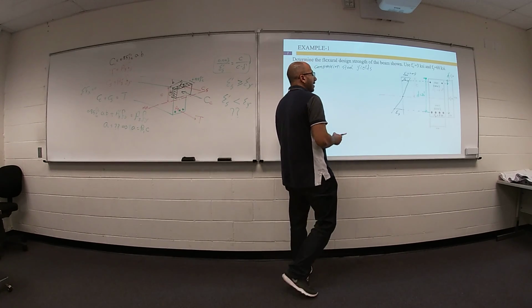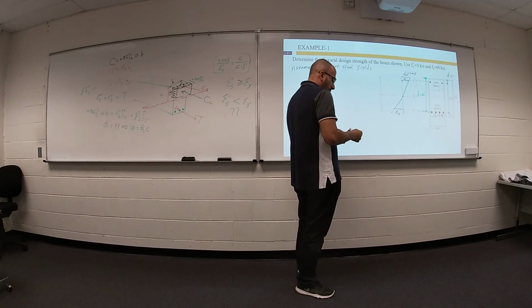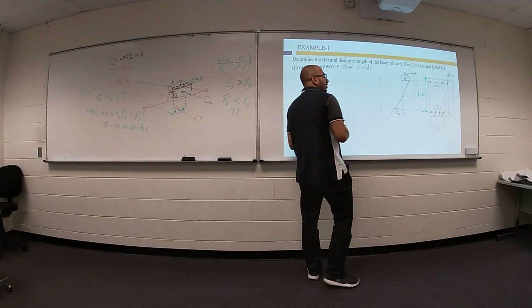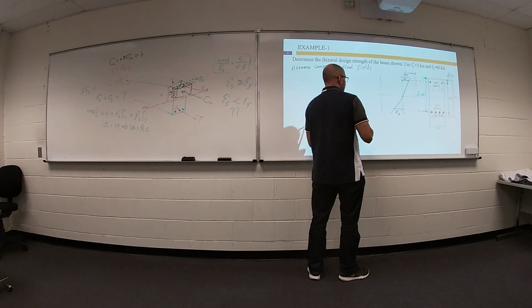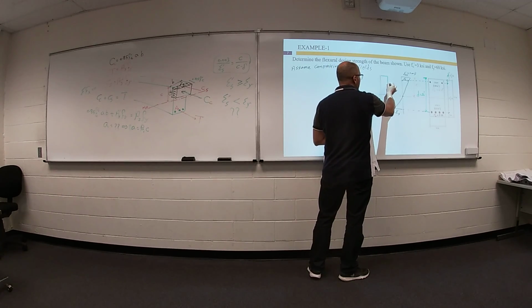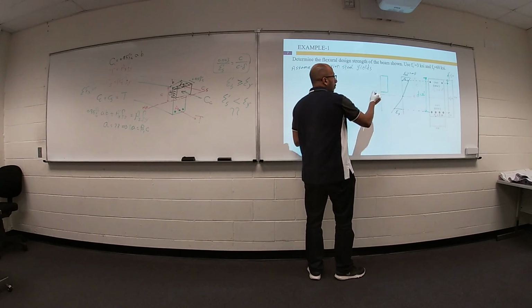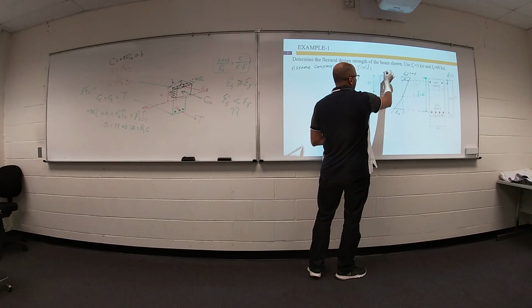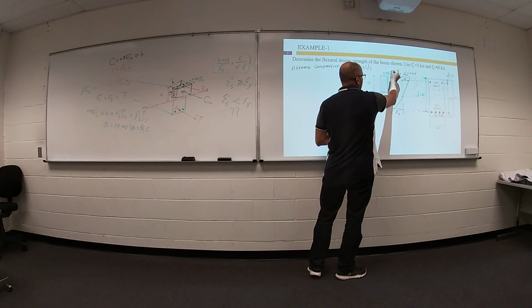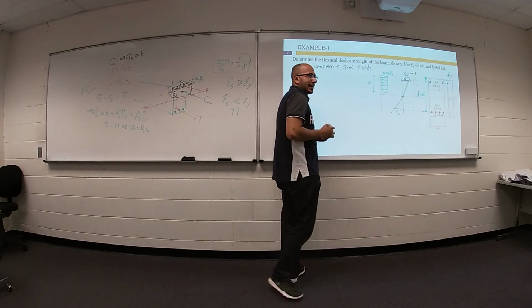Also, we have something called stress distribution. For concrete in compression, we have a stress block a little bit before your neutral axis with depth equal to A. Your stress is 0.85 F prime C. Do you agree?